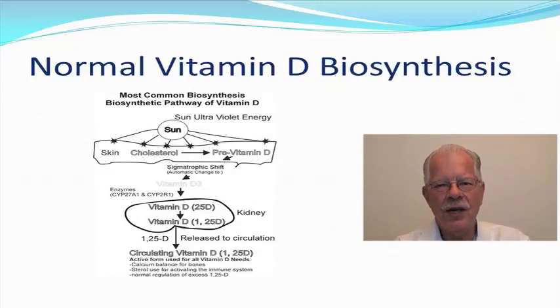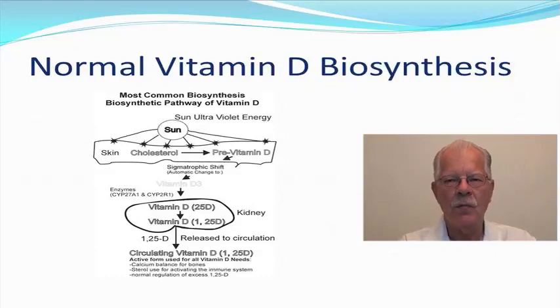Then there's another shift that takes vitamin D, or what we call 25-D, into 1,25-D, which is the active steroid. And that is produced in the kidneys. It's a renal function, and that is what we call the normal renal production of 1,25-D. It's a steroid that modulates the immune system. And that's how normally if you get an infection, the body will sense it.